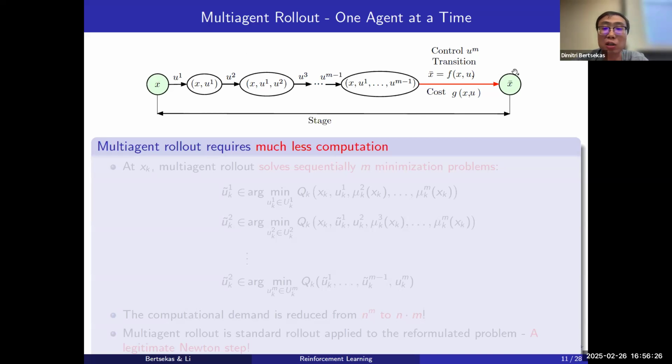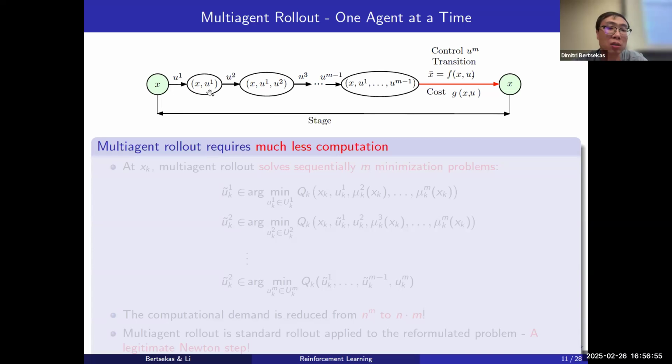So here we consider a new system starting at X. For simplicity, I dropped the subscript K here. So starting from some X, after applying U1, suppose this order 1, 2, 3, 4, 5, up to M is by default given. So we are fixed with some order. Starting at X, we apply U1 and get to a new state, which is a pair X and U1, and at no cost.